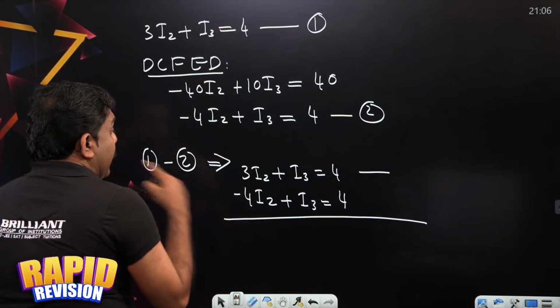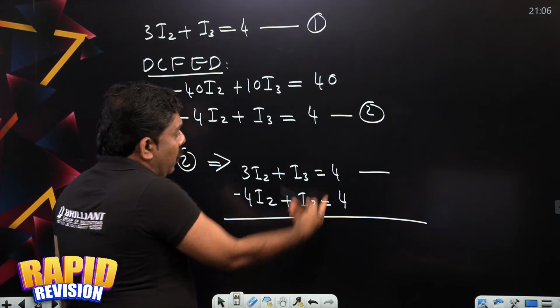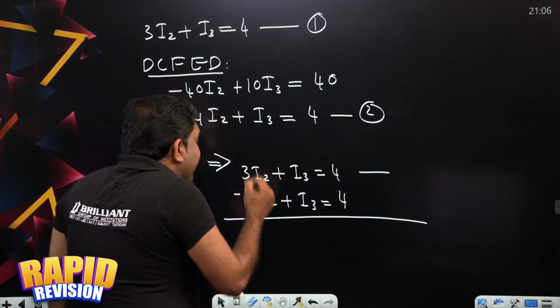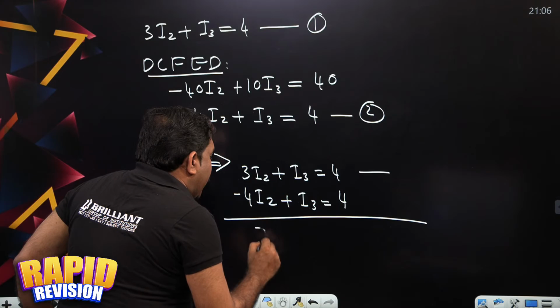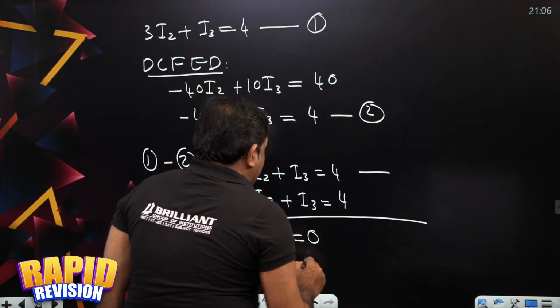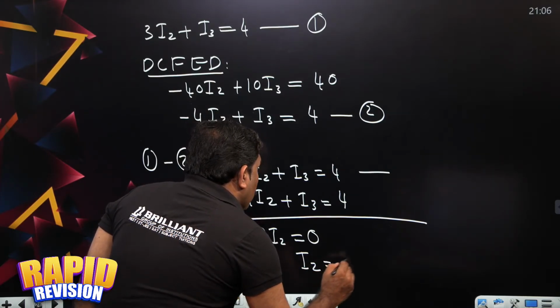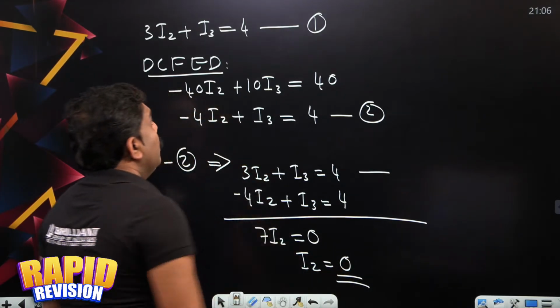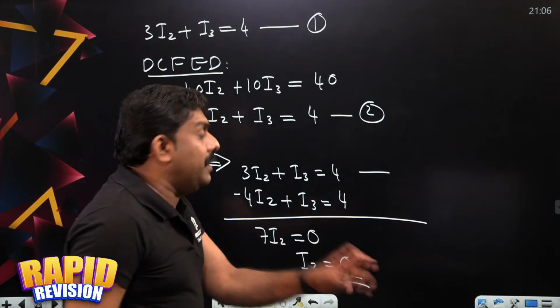So simplifying, I3 minus I3 is 0, 4 minus 4 is 0, 3I2 minus of minus 4I2, so 7I2 is equal to 0. So we are getting the answer, I2 is equal to 0.